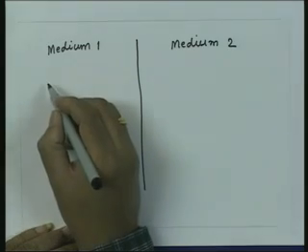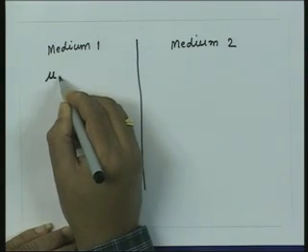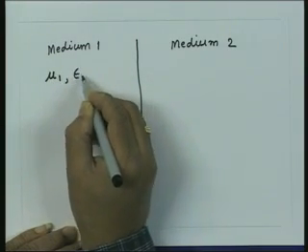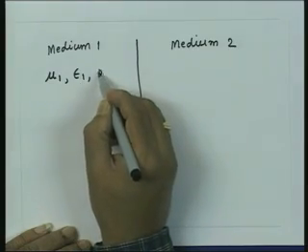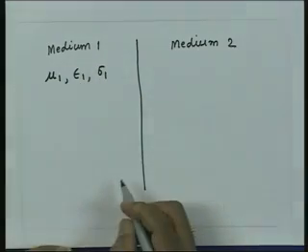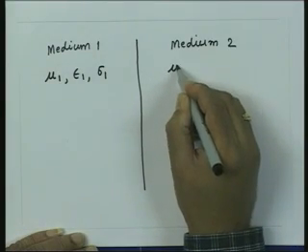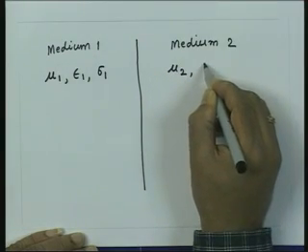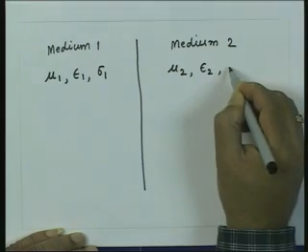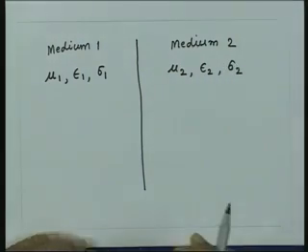In general I can have permeability of the medium, which is mu 1 here, permittivity epsilon 1, and the conductivity could be sigma 1. For medium 2 I can have permeability mu 2, permittivity epsilon 2, and conductivity sigma 2.